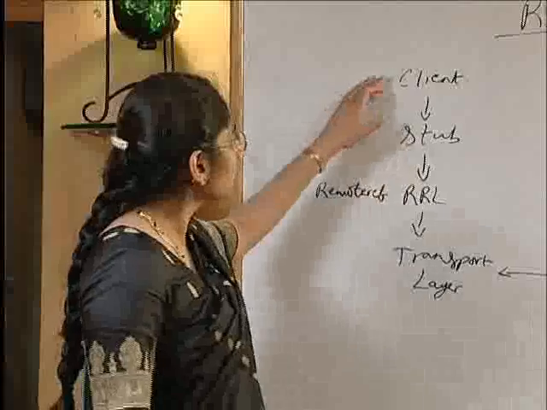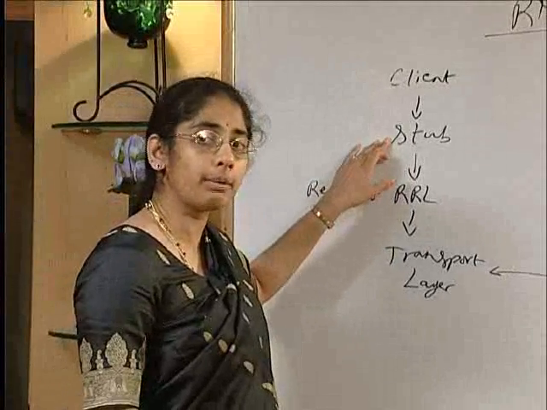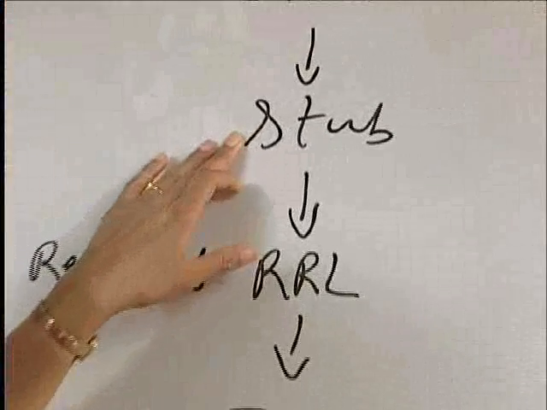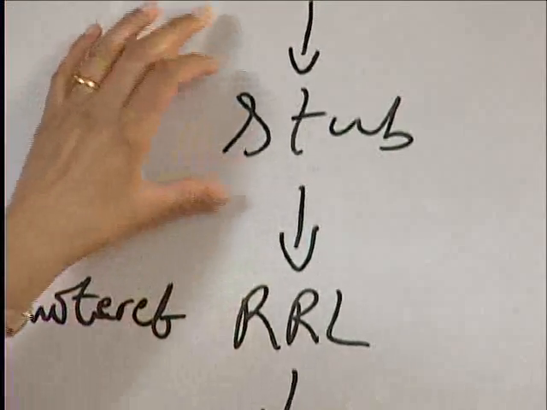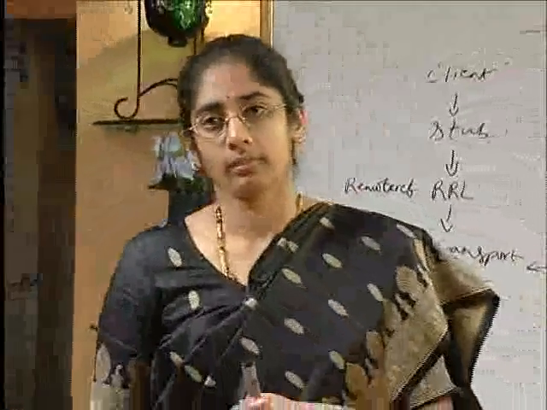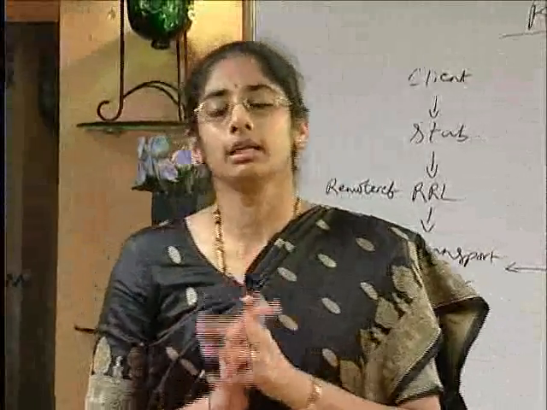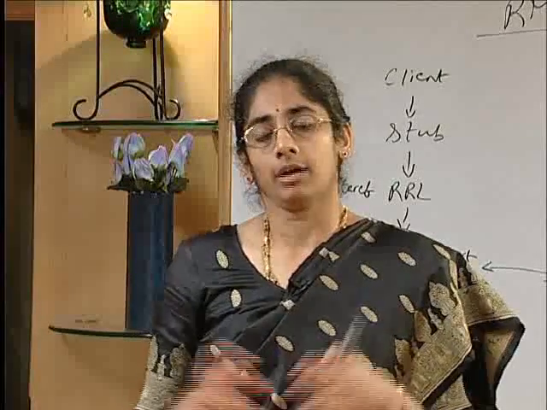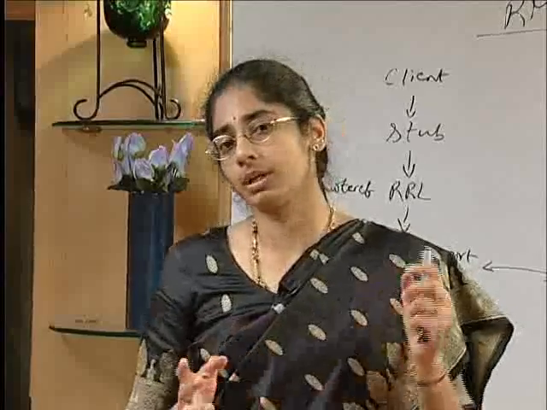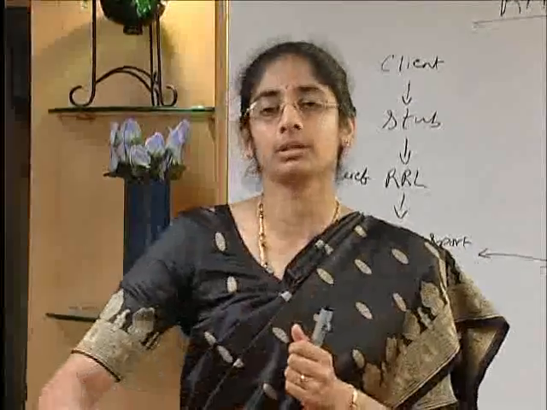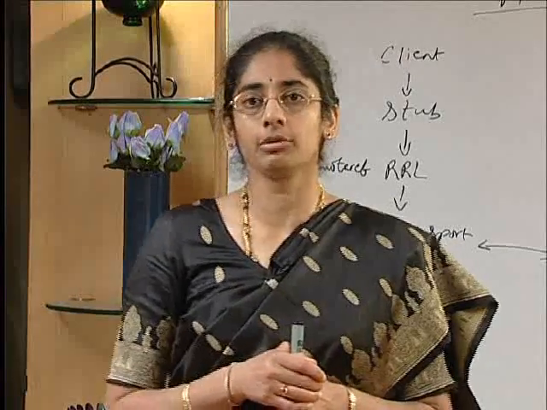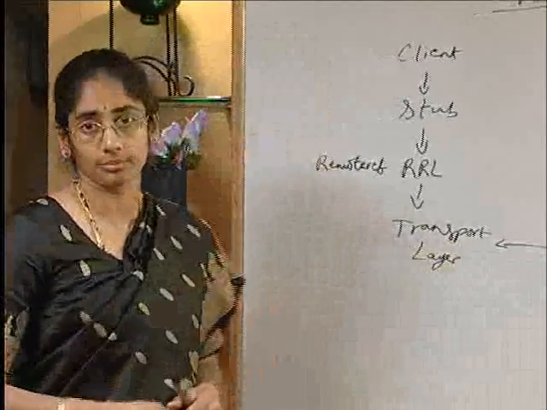Now, when a method call is made with the parameters, if it is primitive data types, what the stub does is, it does what is known as marshalling. Marshalling means putting together parameters. Along with that, after putting the parameters together, it has to attach the header details and then push across the method request to the RRL by invoking a method on the remote ref.